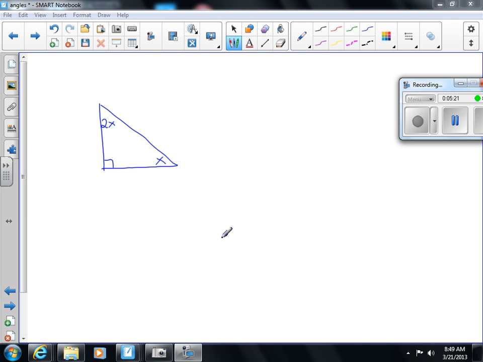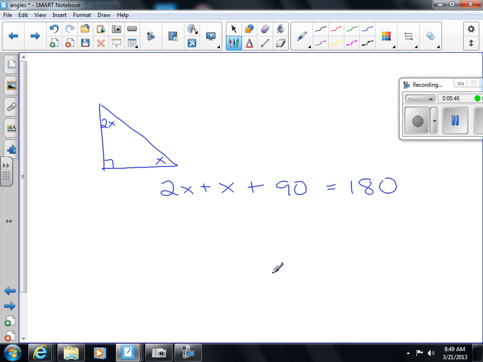Okay, now let's find what x is. Well, because I have two missing values involving x, we're going to need to set up an equation. What do you know about all three of the measurements of these angles? They're going to add up to be 180. So let's write that down. 2x plus another x plus 90 should be equal to 180.